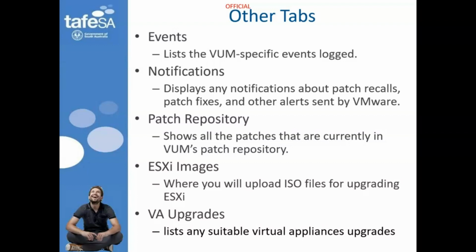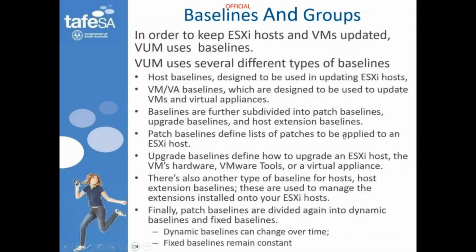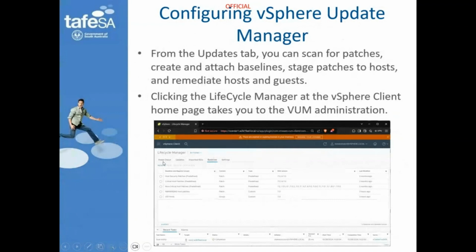There's also a patch repository, which shows all the patches that are currently on your patch repository, and ESXi images, where you will upload files for upgrading ESXi. So basically the image depot, the imported ISOs and so forth.